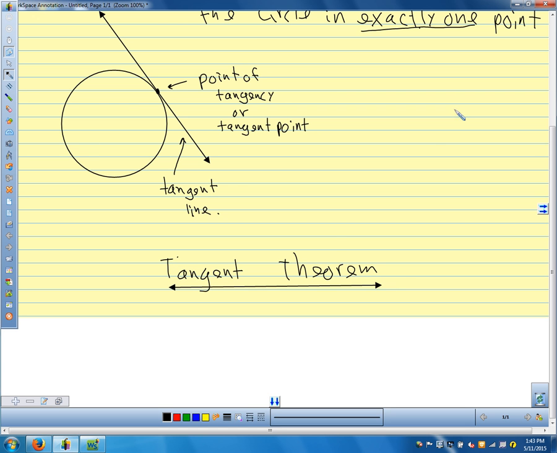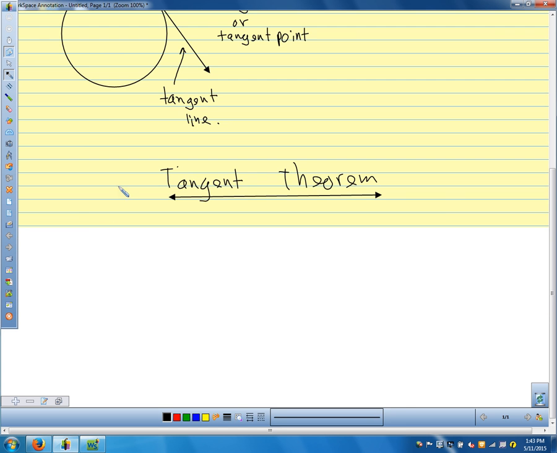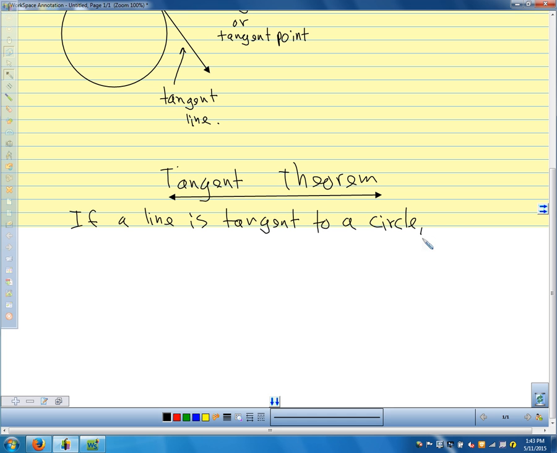The tangent theorem tells us if a line is tangent to a circle, then it is perpendicular to the radius at the tangent point.